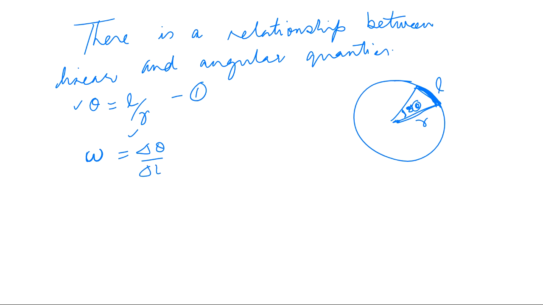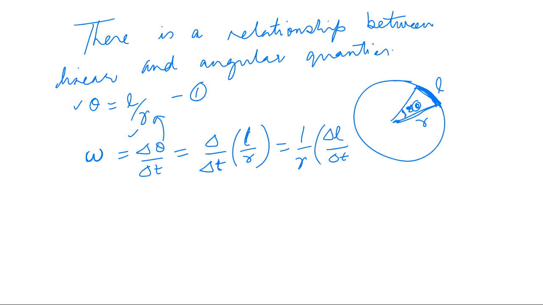Instead of writing theta, if I plug in this formula, this becomes delta by delta t of L over R. I'm substituting for theta. Now 1 over R comes out because the radius doesn't change, so it's not part of the change. The radius throughout will remain the same. So we have delta L over delta t.